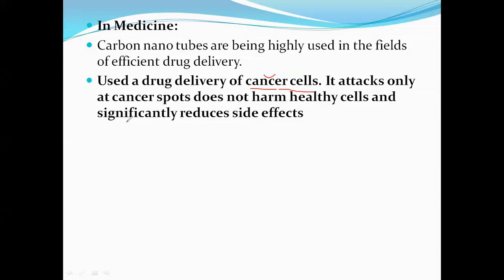So the drug's action on that virus increases. The more the drug activity, the more easily it can kill the microorganism. So nanomaterials have excellent medicinal application.